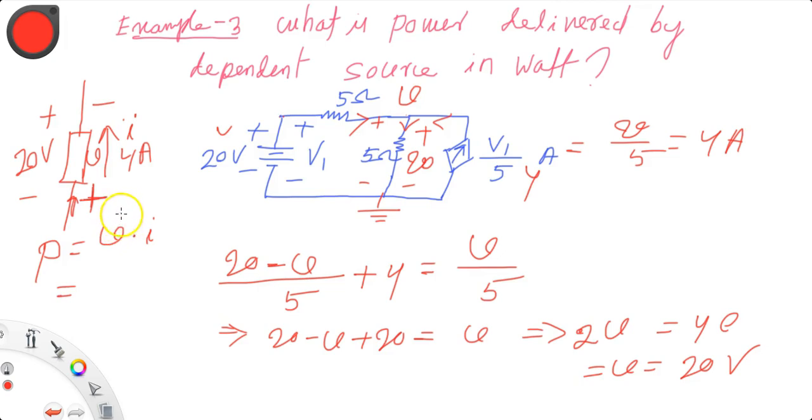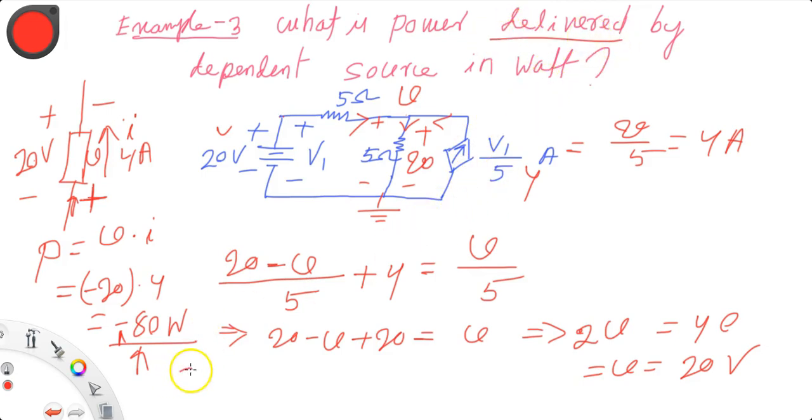But here, V and 20 volt are opposite, so V equals minus 20, and I in the same direction is 4 amps, that is minus 80 watt. So the negative sign indicates that the power is being delivered. In fact, they have asked for the power delivered, so the power delivered is 80 watt.